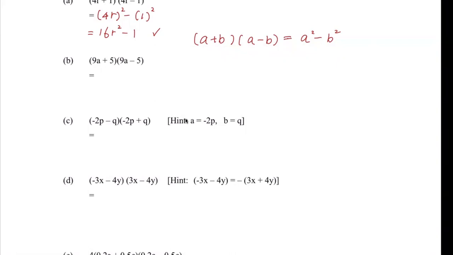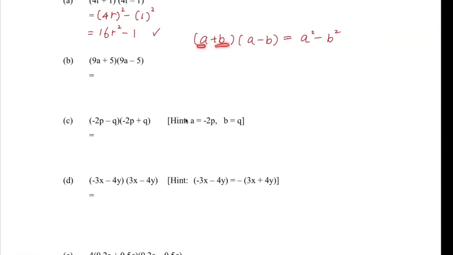And don't get tricked by this 9a here. Some people might get confused by looking at this question. The formula has A and the question has 9a, so are they related? Is there a connection between these two? No, not really. In this question, this A is just equal to 9a. It's just the expression.